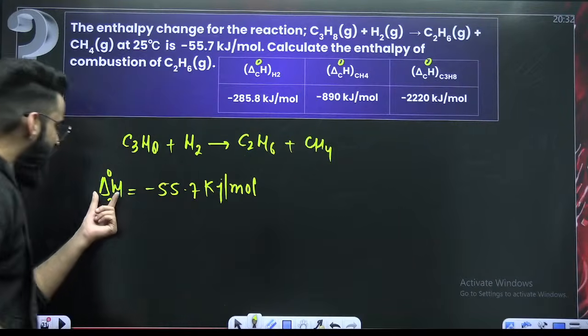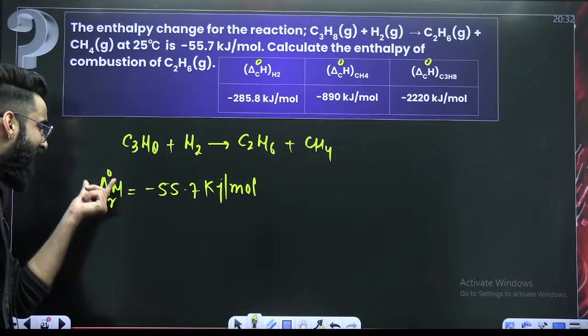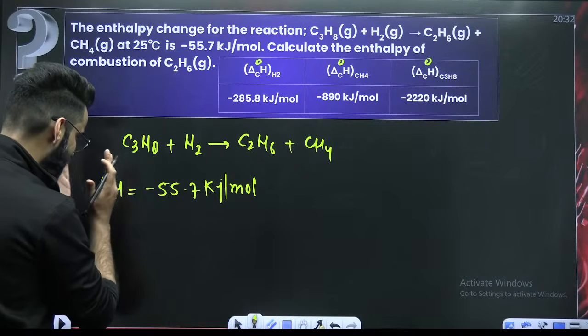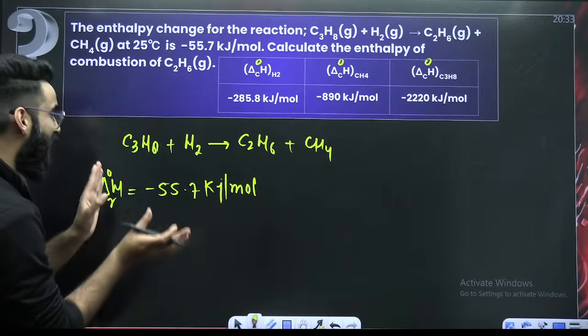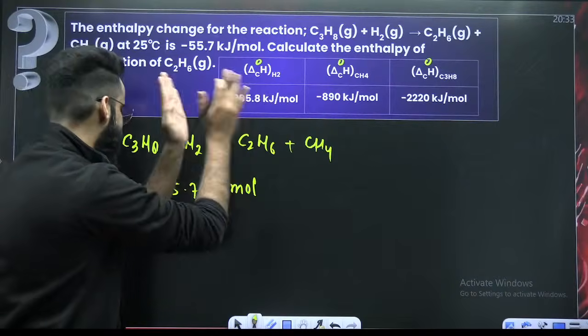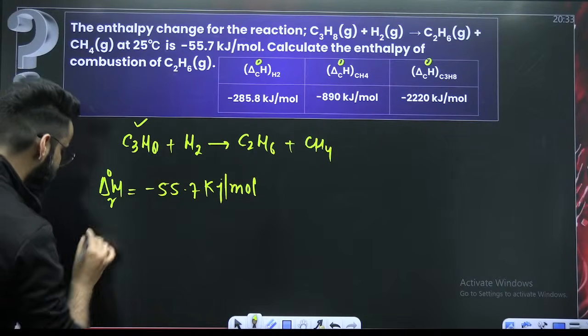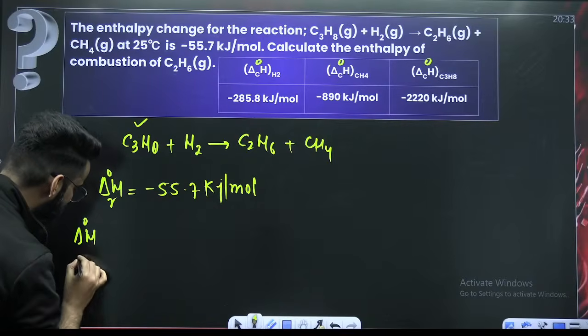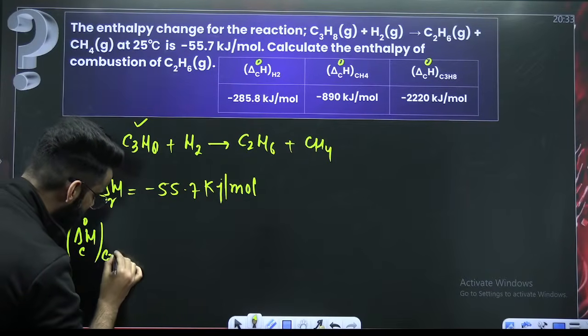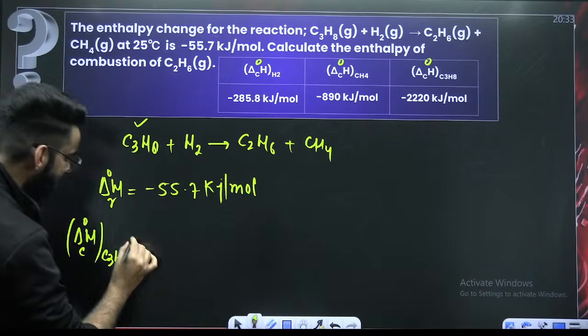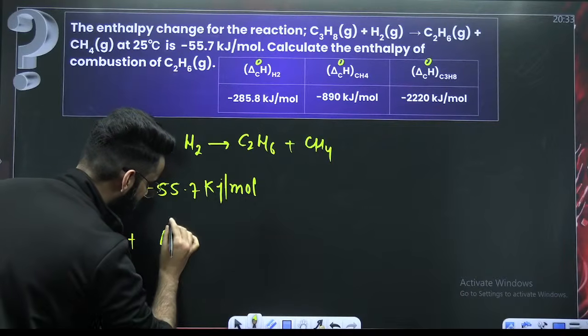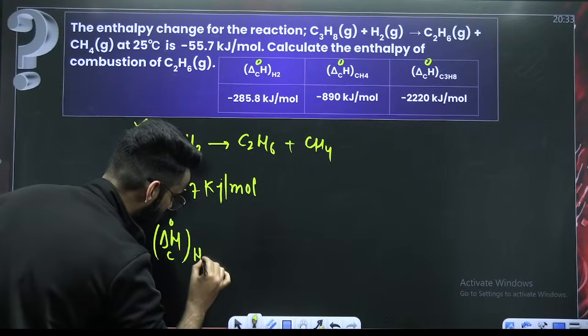Now, my dear students, how do I write the enthalpy of reaction? I can write it as the enthalpy of combustion of reactants minus the enthalpy of combustion of products. Start with the reactants: the enthalpy of combustion of C3H8, because its stoichiometric coefficient is 1, plus the enthalpy of combustion of H2, because its coefficient is also 1.